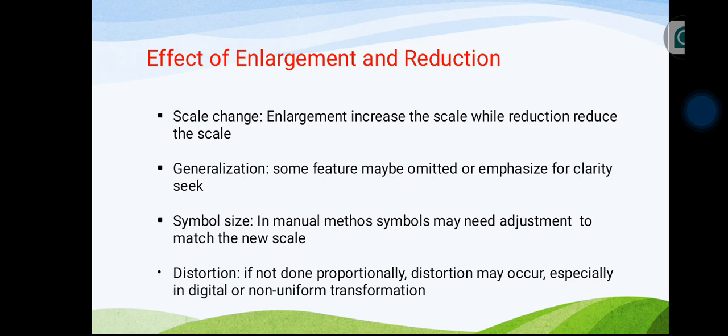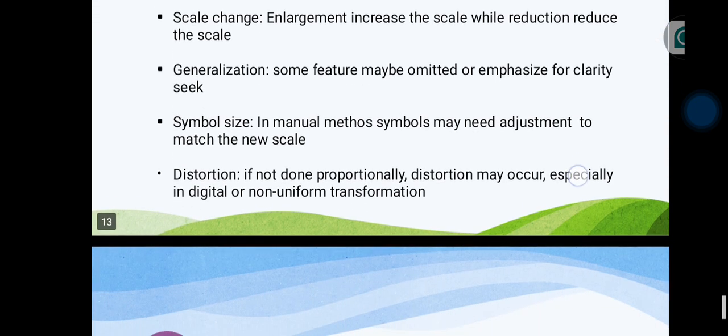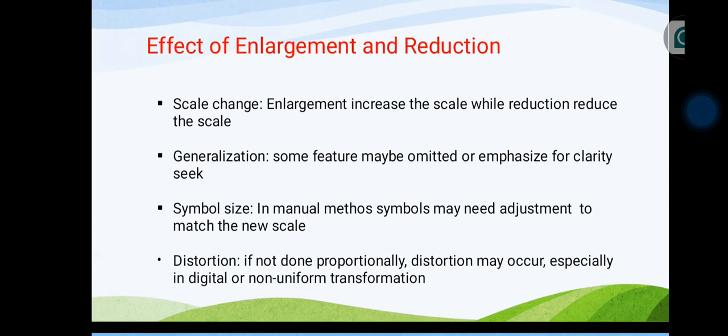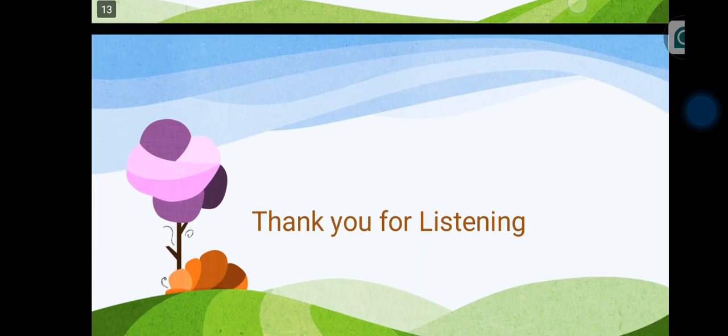So if not properly handled, it will occur. So having said this, note that when you are reducing or enlarging a map, there are consequences to it. So thank you for listening and see you in the next class.